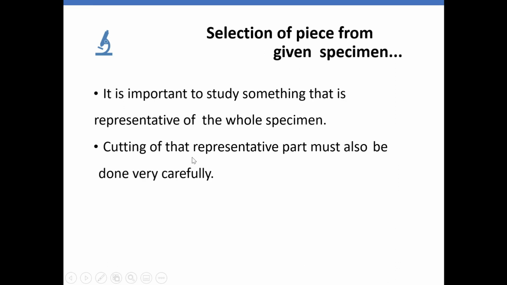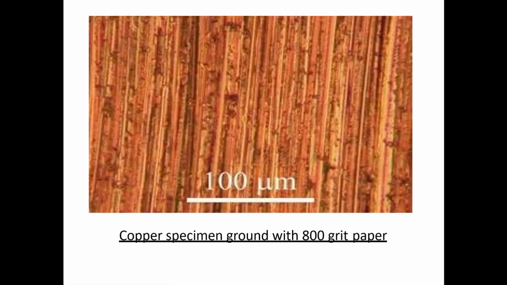Next, cutting of that representative part must also be done very carefully, as it is representing the whole part. This is a microscopic examination of a copper specimen ground with 800 grit paper.